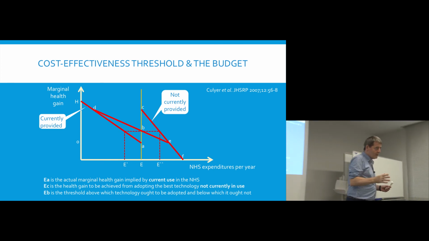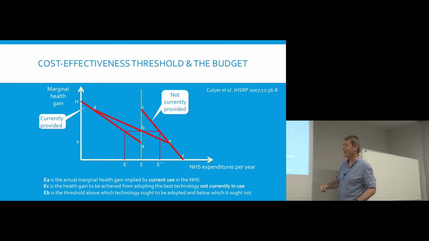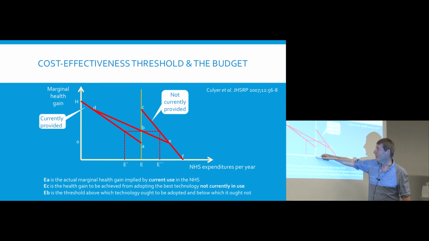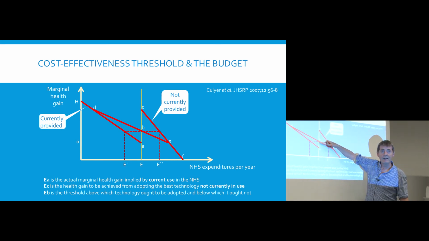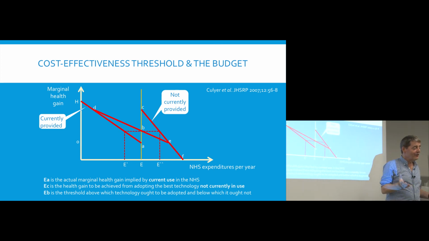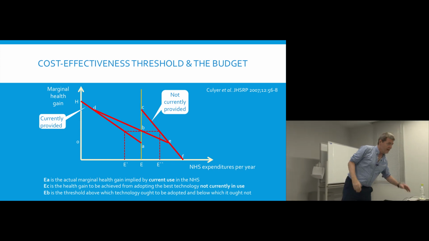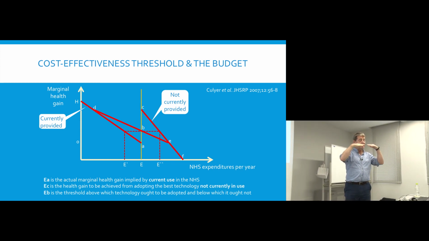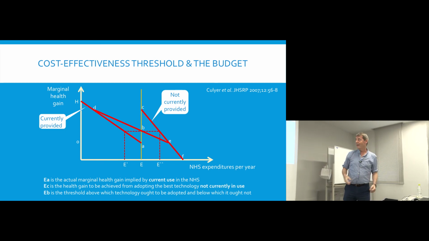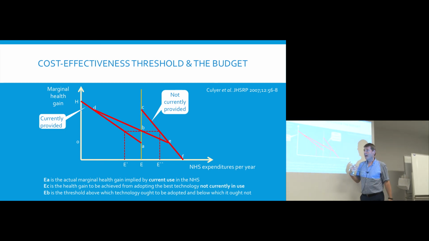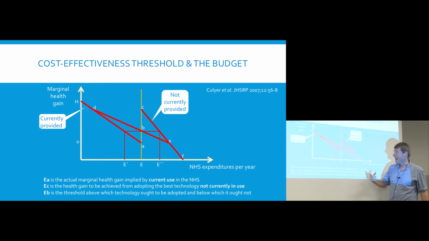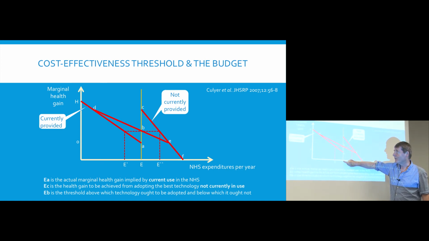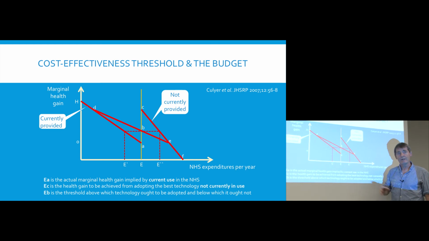Now, if that's to happen, if we had a cost effectiveness threshold at EB, then there's no problem of the budget and the threshold being out of line. They're consistent with each other. If we had a cost effectiveness threshold which implied an activity must have a marginal health gain of EB, and if it doesn't, it shouldn't be done.